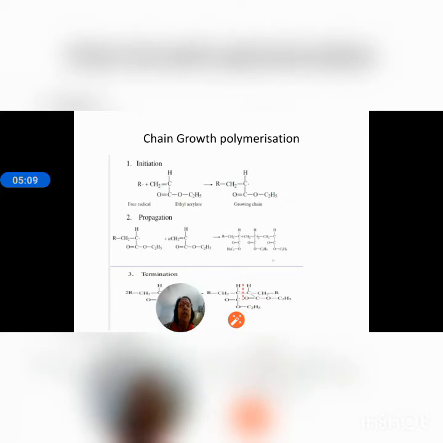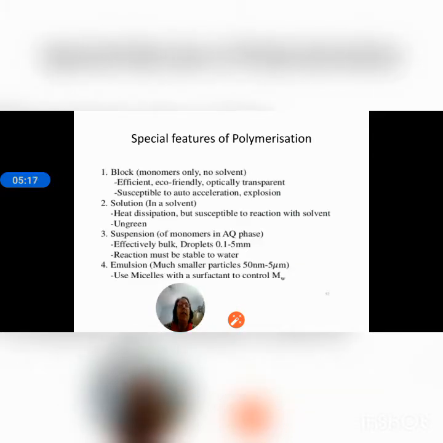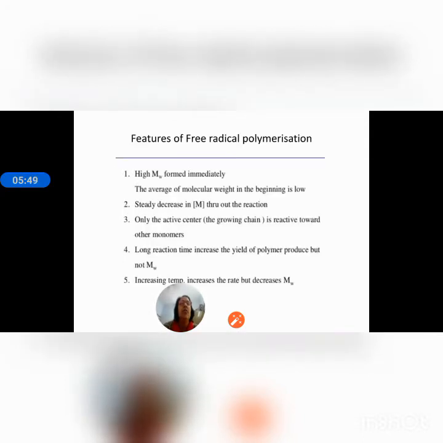In propagation, the chain is continued, and in termination, the chain stops and polymer is formed. A special feature in polymerization reactions is the monomer, whose solution is compulsory. When monomer is soluble in solvent, a solution is formed; a suspension of monomer with effective bulk phase, and an emulsion formed with the use of micelles to control molecular weight.